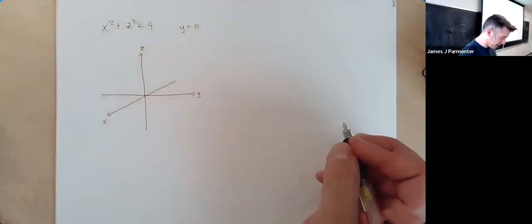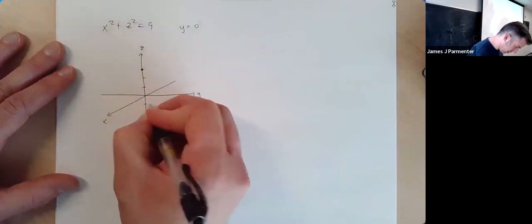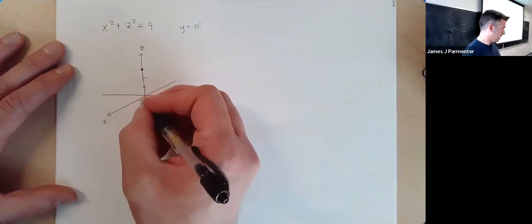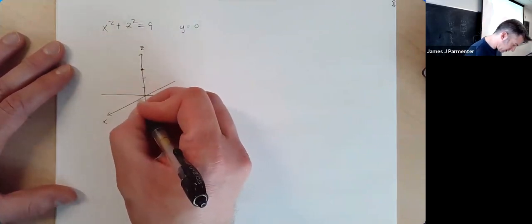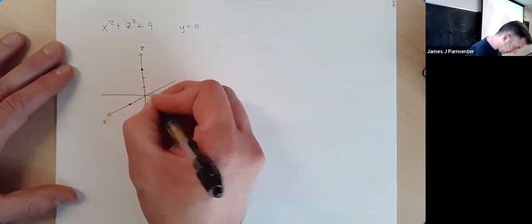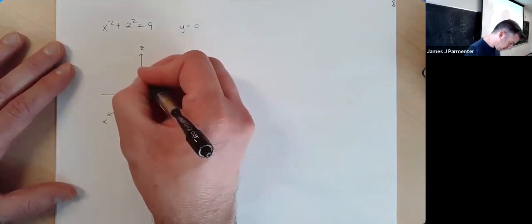So again, circle of radius 3. So I'm going up 3, going down 3. Here I might label the 3 in the x direction as well. So I'm going to go 3 in the x direction. Again, in the x direction, it's not going to look as big. And try your best to draw that circle.